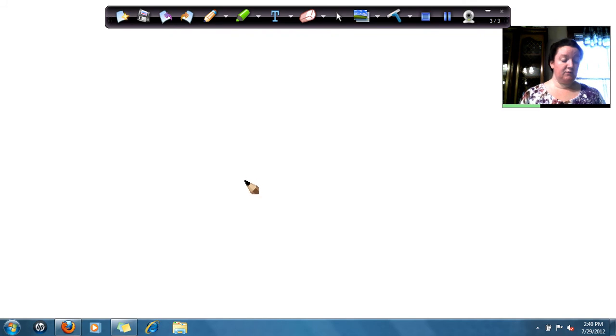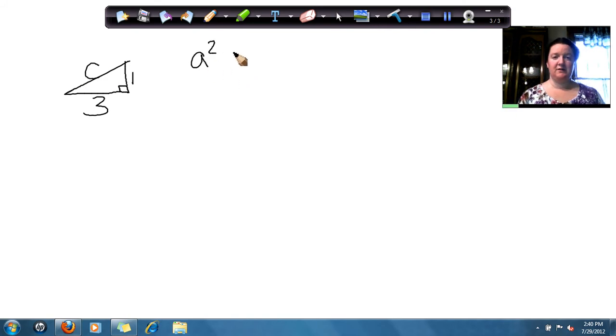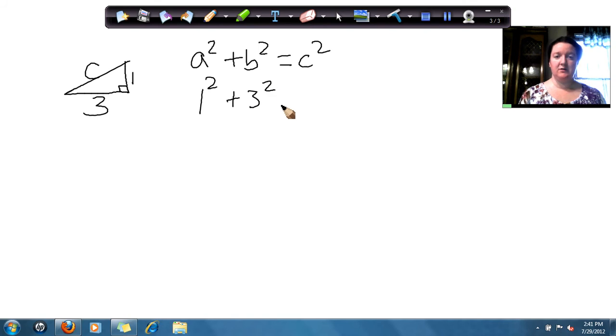Here, if I deal with the triangle where I have a triangle, that side's 1 and that side's 3, and we don't know how long the hypotenuse is. Again, we're going to use a squared plus b squared equals c squared. And if we take a squared, we're going to get 1 squared plus 3 squared equals c squared.